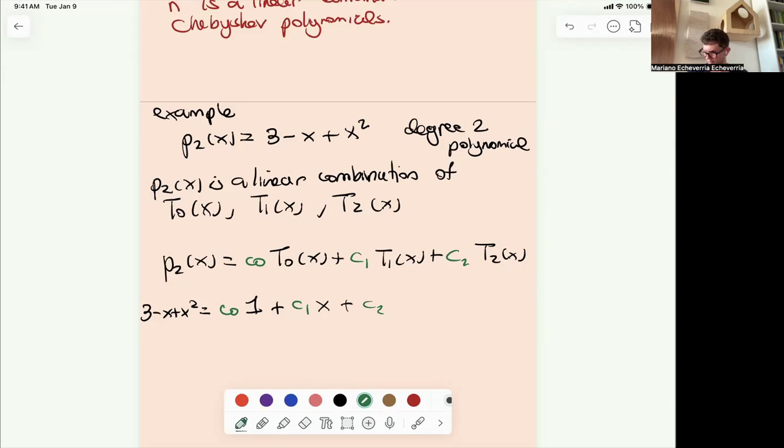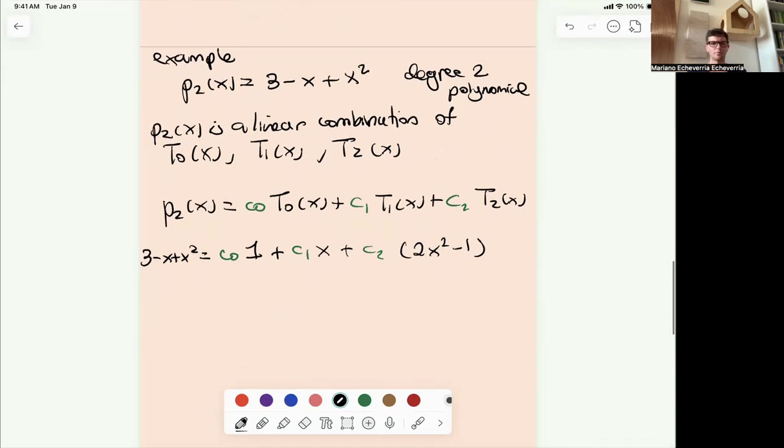T2 would be 2x squared minus 1, right? So at this point you rearrange terms a little bit to organize them by the powers of x. This would give you this.